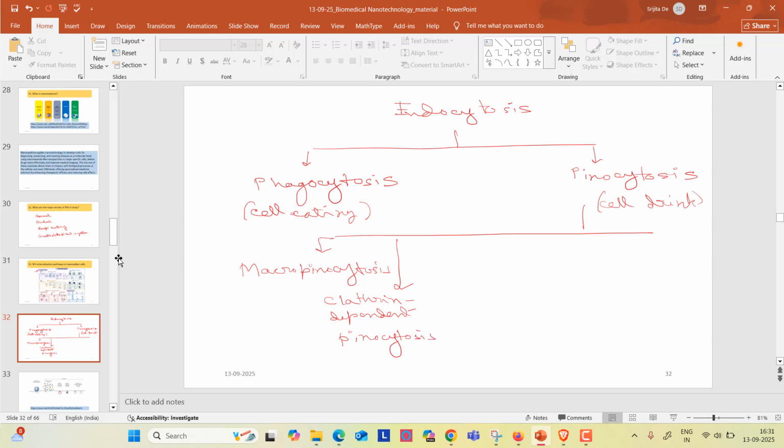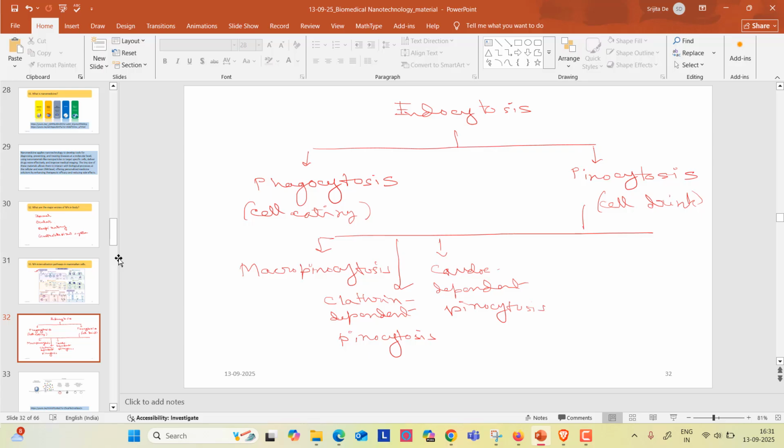Then comes the caveolin dependent pinocytosis.